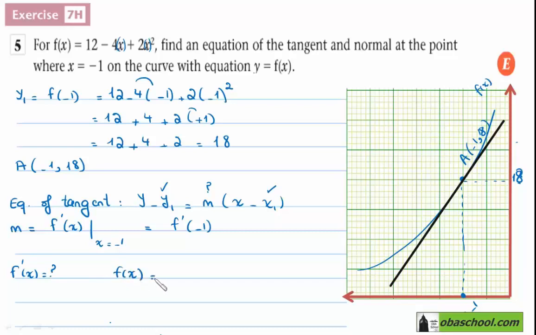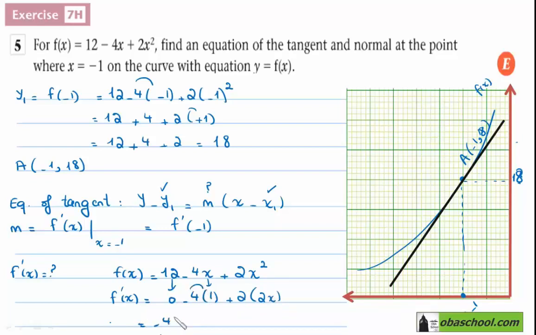We have f of x equal to 12 minus 4x plus 2x squared. Then f prime of x equal, the derivative for 12 is 0, minus the derivative of 4x is 4 multiplied by 1, and the derivative of 2x squared is 2 multiplied by 2x.